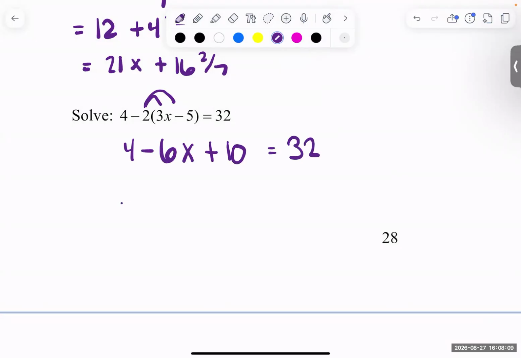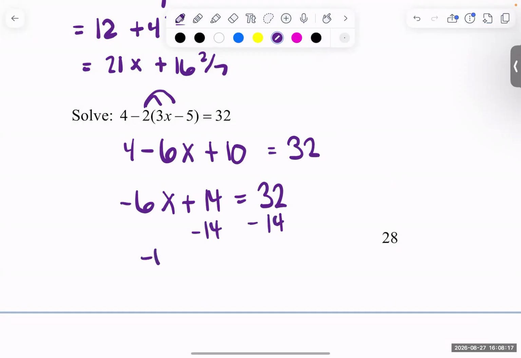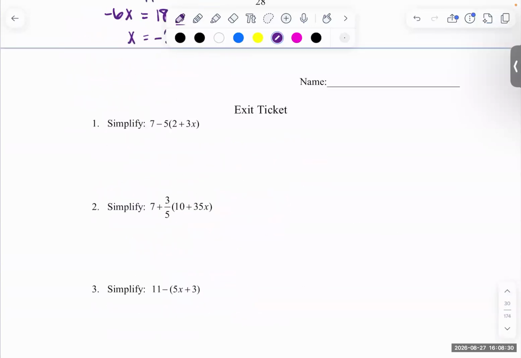And I'm going to go ahead and combine the terms. So I get 14. I'm going to go ahead and subtract that 14, and I get -6x is equal to 18. So x is going to be, I'm going to divide by -6 on both sides.